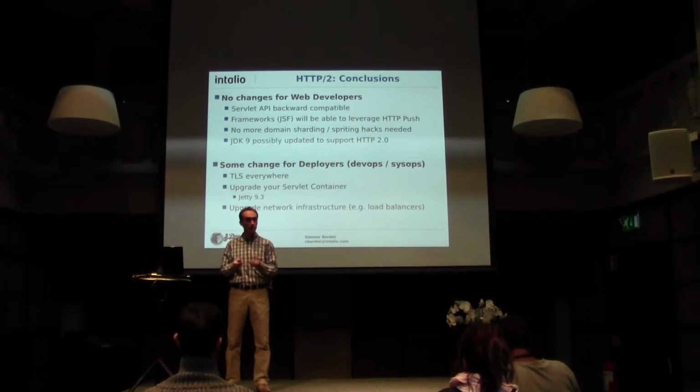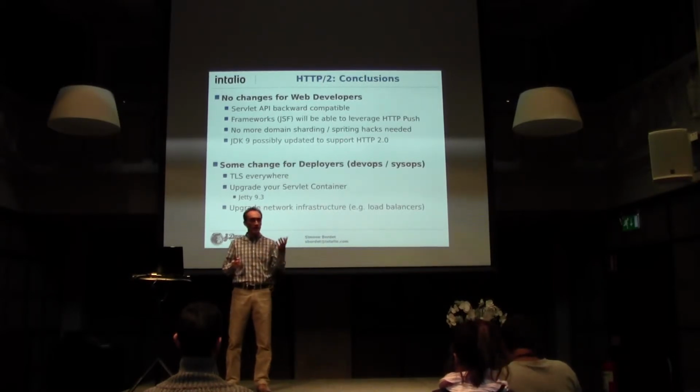So Jetty can work in a way that can accept clear text HTTP. So the typical configuration that we could have for our own website is a front-end load balancer. It does the TLS offloading and then forwards the HTTP2 clear text traffic to Jetty. Right? Jetty makes the request and everything.